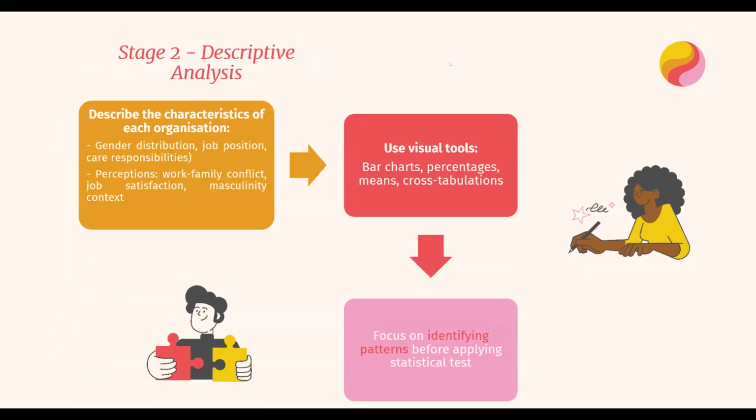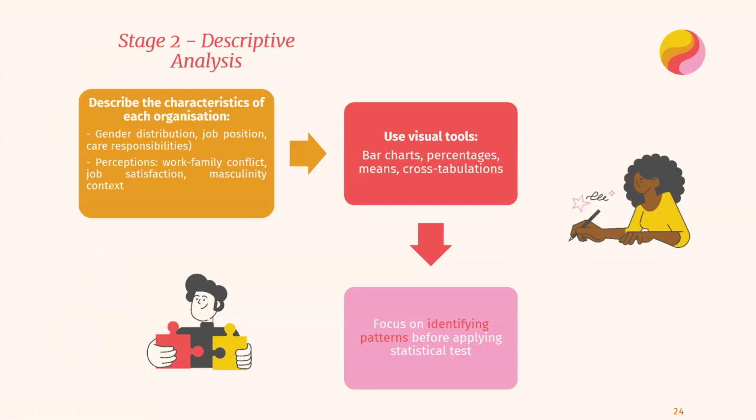Well, the second stage, the descriptive analysis, is about generating a profile of the organization, or maybe of one of multiple departments of one institution. Here we want to describe the characteristics of each organization.